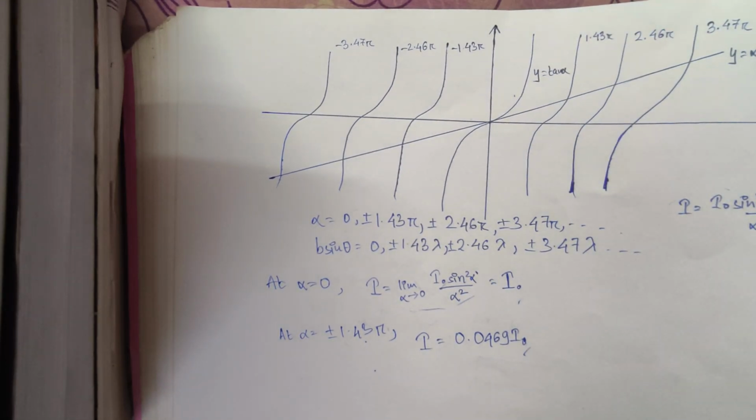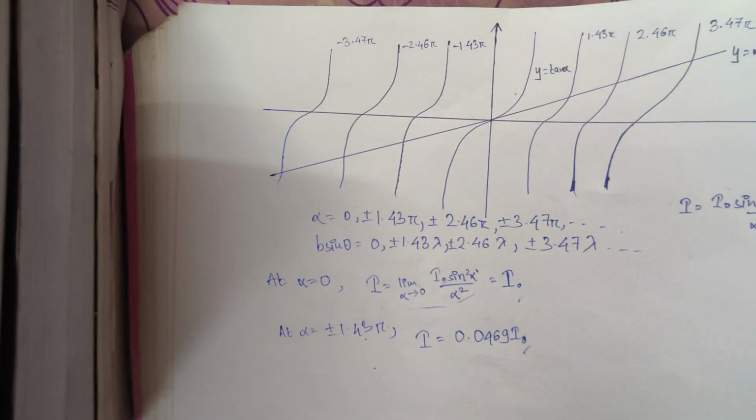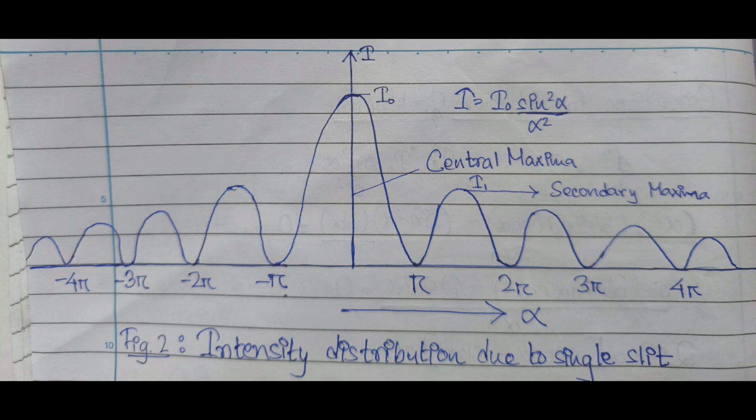So this is all that there is in the topic, and another graphical measurement is left, that is the intensity distribution due to a single slit. This is the intensity distribution graph due to a single slit, where the graph is between the intensity I and alpha.